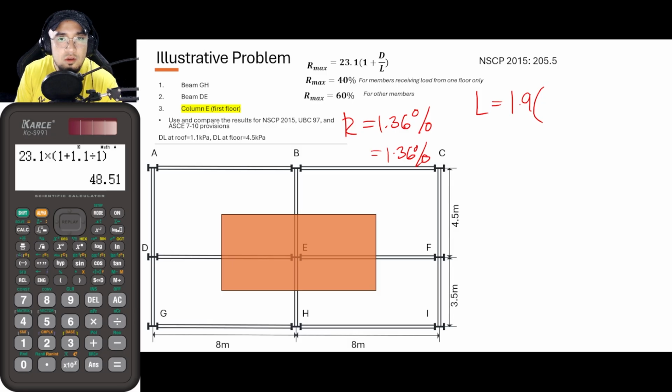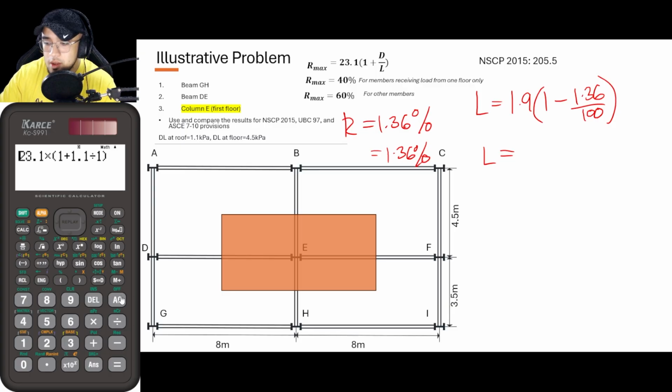Yung reduction, ay ilan tama pala? 1.9 times 1 minus 1.36 all over 100. So from that, the live load that we will be using here is 1.9 times 1 minus 1.36 all over 100.